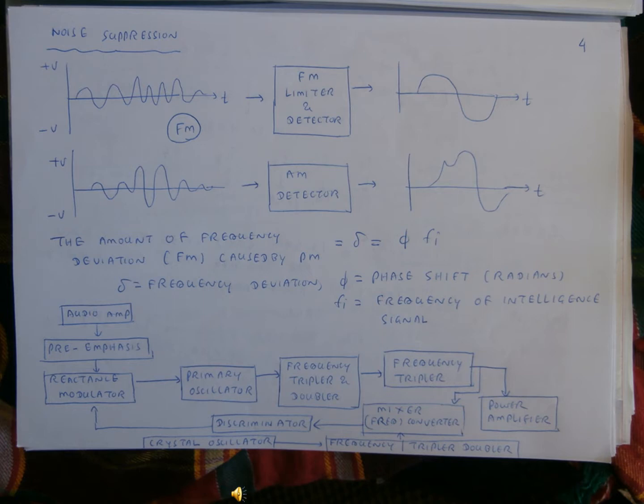It passes through the mixer or frequency converter and the discriminator, and is fed back to the reactance modulator. The mixer is connected with the frequency tripler and doubler, and that is connected with the crystal oscillator. This is the construction and block diagram of the signal from the audio amplifier to the power amplifier stage.